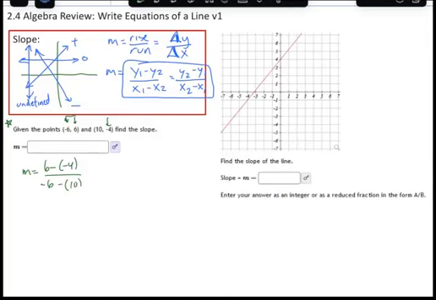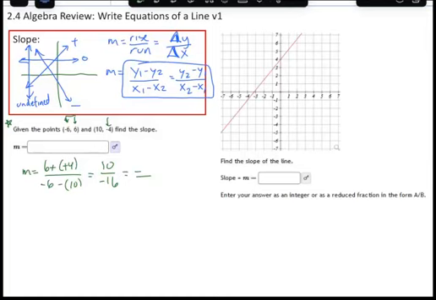Now I can simplify what's happening. Subtracting is equivalent to adding the opposite, so I get a positive 10 over negative 6 minus 10, which is a negative 16. The negative is always written either in the numerator or in front of the fraction.